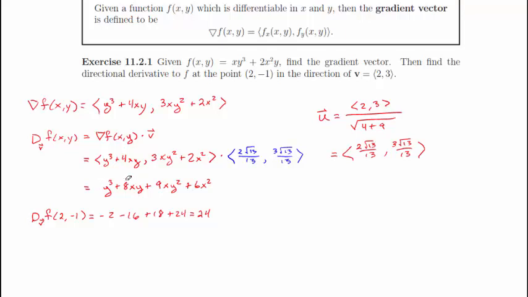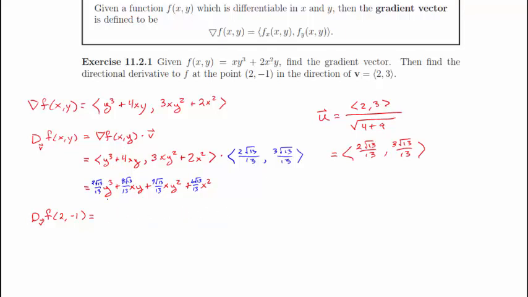And now all of this is going to change. I'm probably going to need more room here, but let's see if I can squeeze it on. So this is 2, 8. And 3 times 3 is 9. And 2 times 3 is 6. Okay. And then if I plug in a 2 and a 1, all of this is going to change.